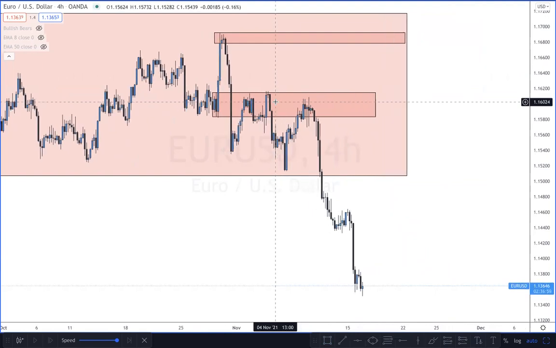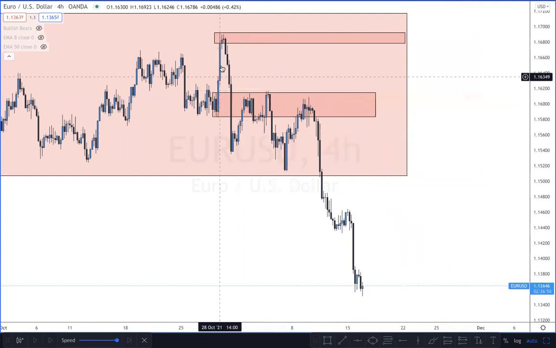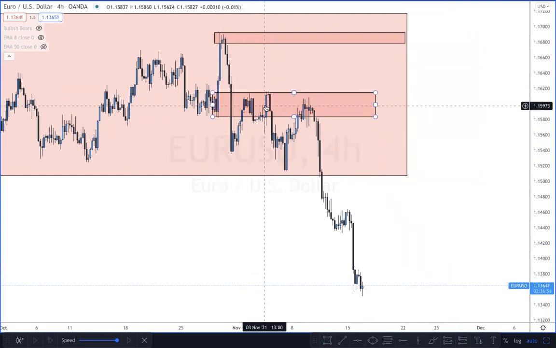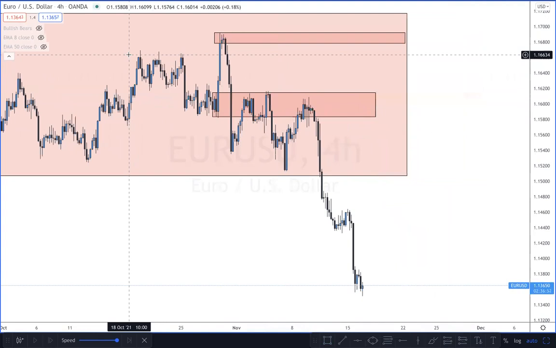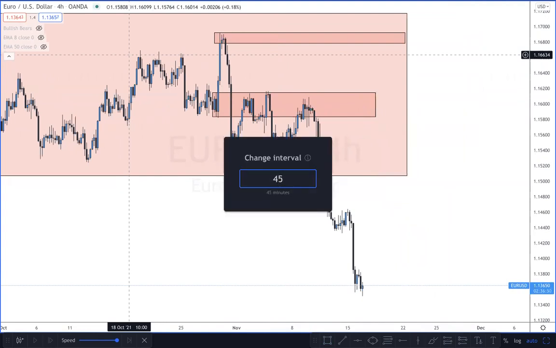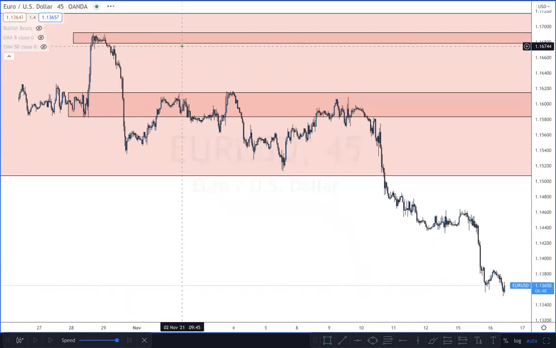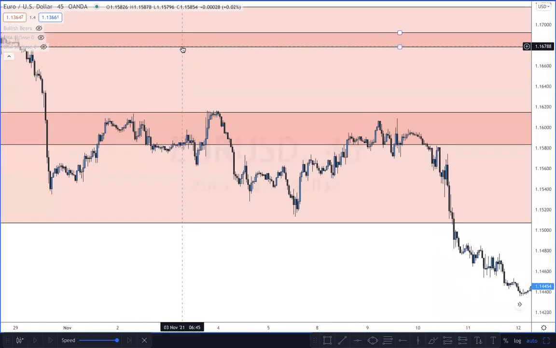So when price came back into this zone, my question to you is, on a lower time frame, do you have a sell structure? What do I mean by a sell structure? We run liquidity up here.